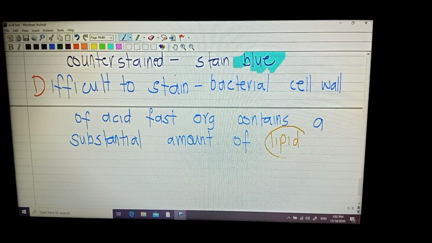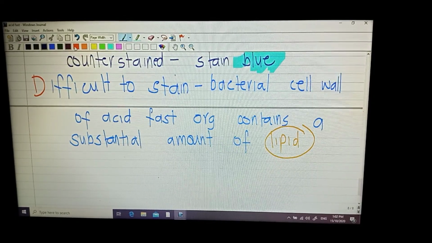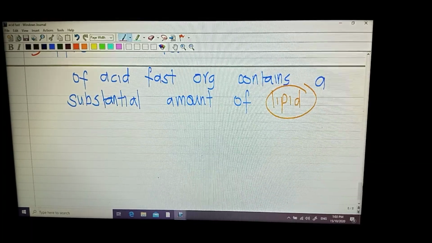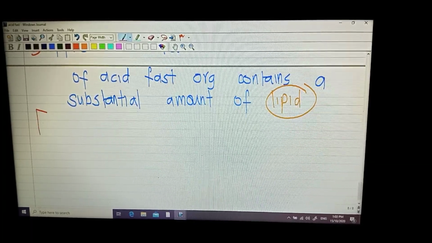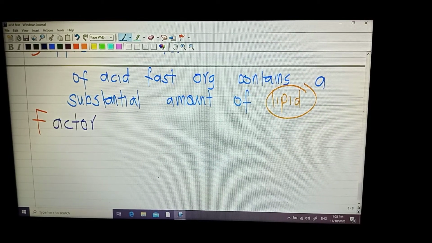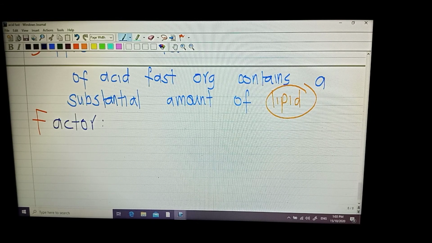One of the characteristics of your acid-fast, they are difficult to stain. What is the reason? They contain a substantial amount of lipid material. Another factor, bakit sila mahirap i-stain? Another factor, it appears to resist the penetration of the primary dye to the underlying cellular cytoplasm.